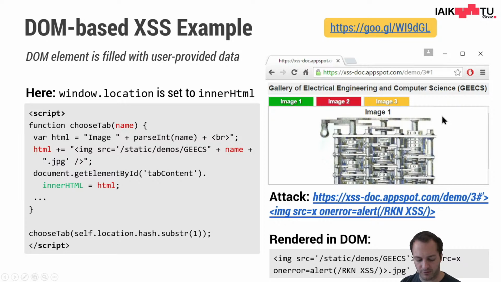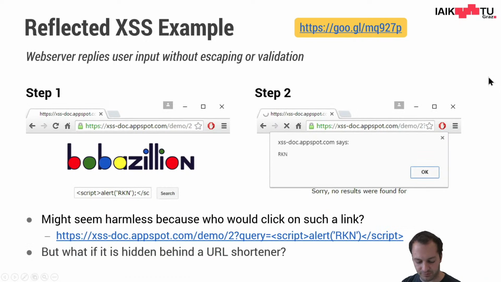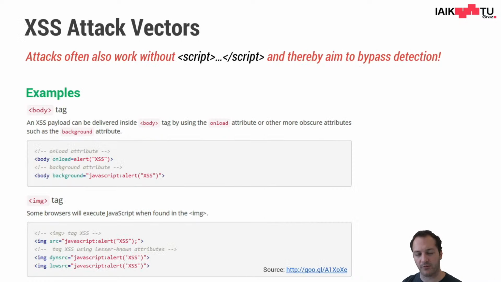And probably intuitively you think, well, okay, then let's filter for alert or document.cookie or script tag. So whenever you have a GET parameter like here, make sure the user cannot enter script, or cannot enter document.cookie. Whenever this is there, I will block it.